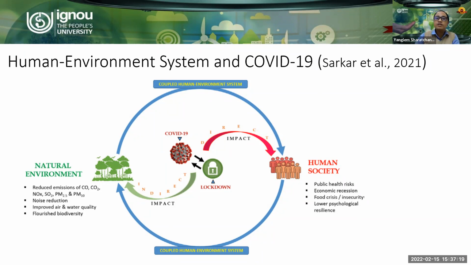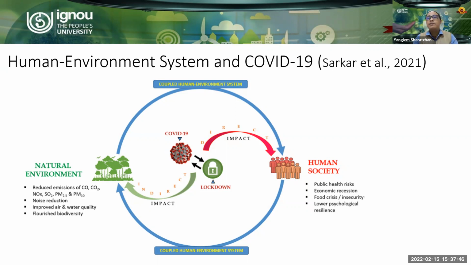But from the human society point of view, there is public health risk, economic recession, food crisis, insecurity, and lower psychological resilience. What we have learned from the lens of human ecology is proof that our human activities affect the environment system.